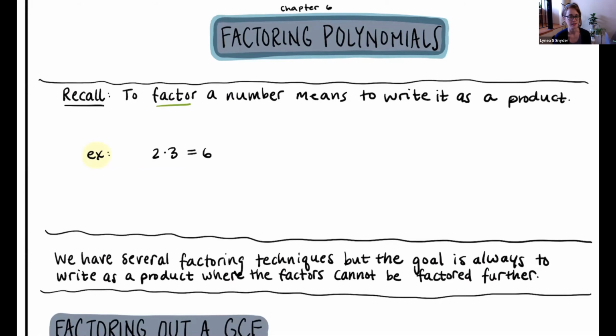Writing 6 as 2 times 3 would be factoring it. There are multiple ways you can factor a single number. We looked at prime factorizations, which is breaking down into just the products of primes. In this case, we do have a prime factorization of 6, and we call 2 and 3 the factors. The same idea is also true for polynomials.